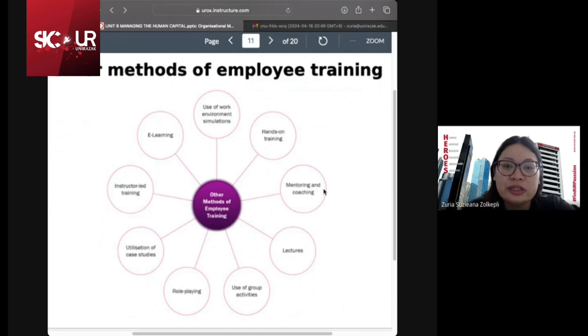Mentoring and coaching: partner up with a senior worker, not senior in terms of age, but in terms of seniority, years of service. So you can partner up a new employee with your senior employee, so that instead of the management handling them, let the senior coach or mentor them.